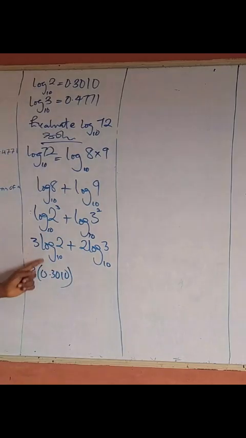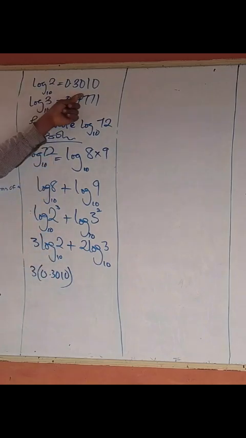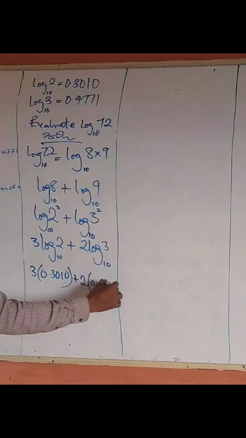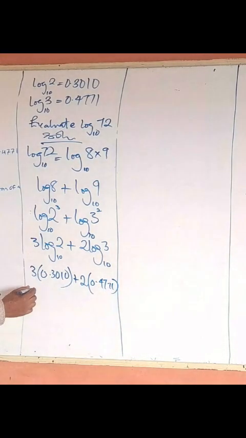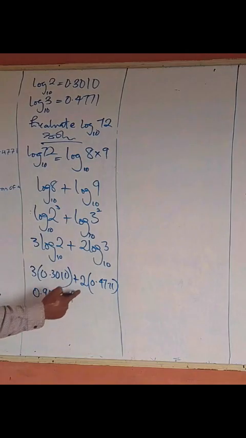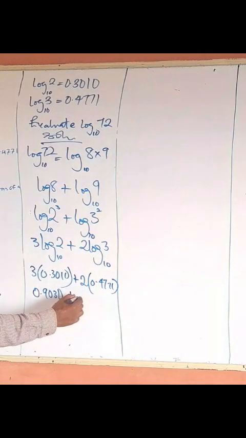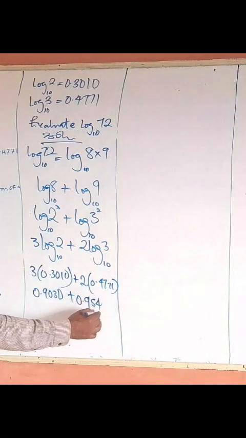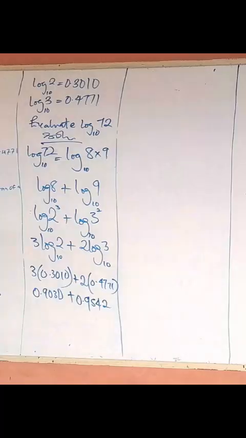Log 2 to base 10 is 0.3010, so I put the 3 here, open bracket, 0.3010, plus 2 open bracket again, 0.4771. Multiplying 0.3010 by 3 gives 0.9030. Then 2 times 0.4771 gives 0.9542, multiplying from the back.